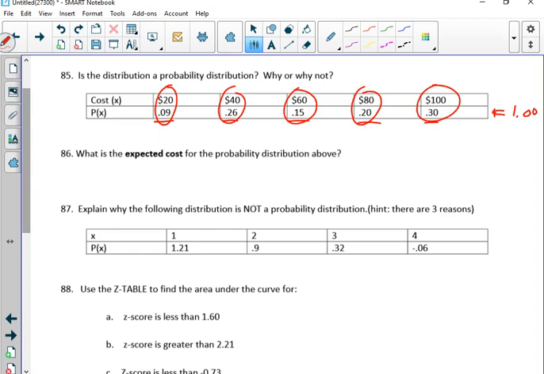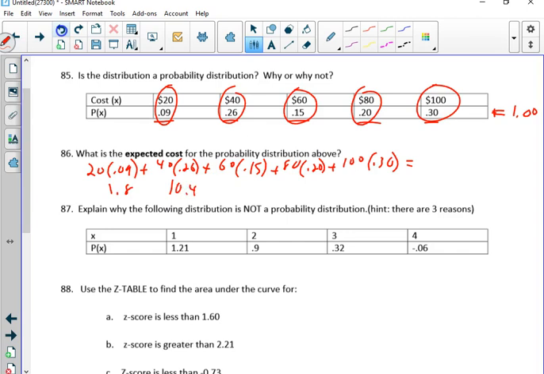So $20 times 0.09 plus $40 times 0.26 plus $60 times 0.15 plus $80 times 0.20 plus $100 times 0.30. Separately, that is 1.8, 10.4, 9, 16, and 30.